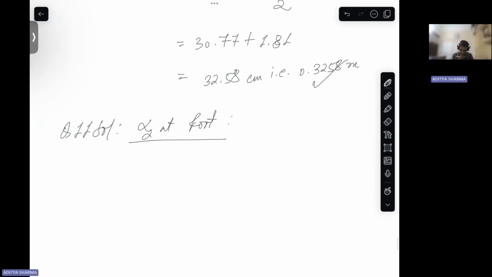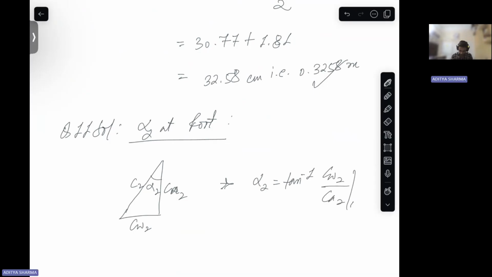So for this, what you will do is, because it is like this, so this is V2, this is alpha 2, implies alpha 2 is tan inverse of CW2 by CA2 of root.